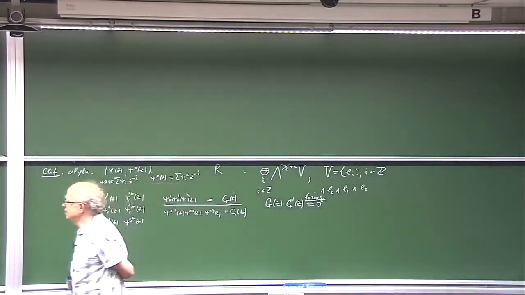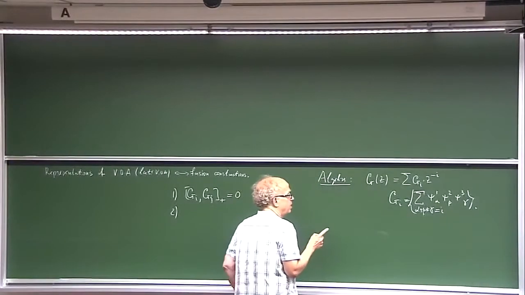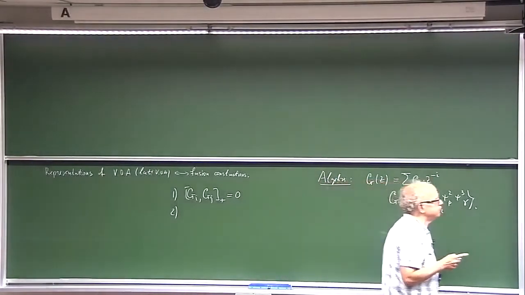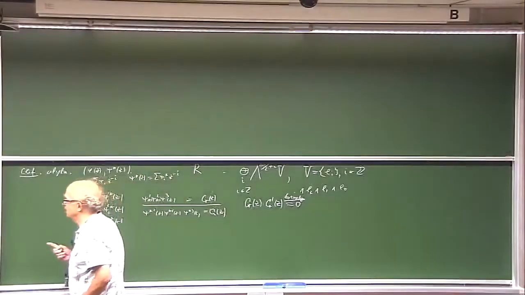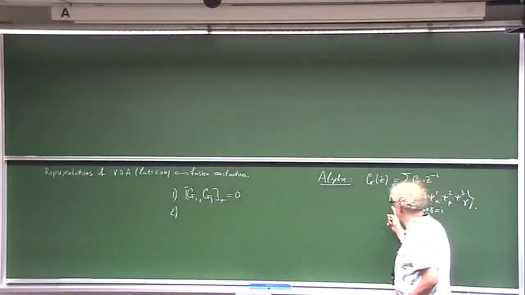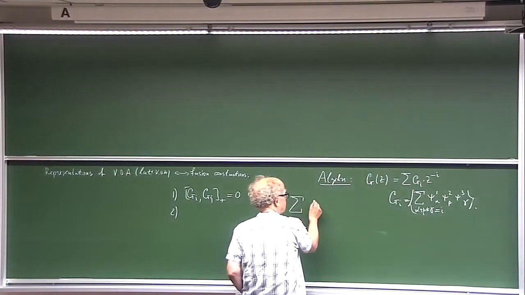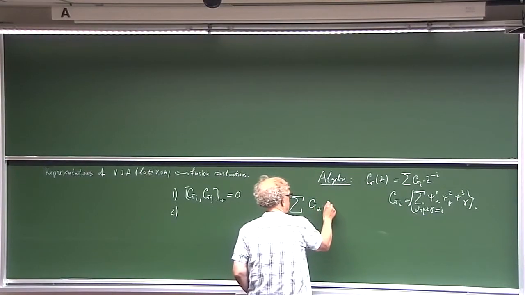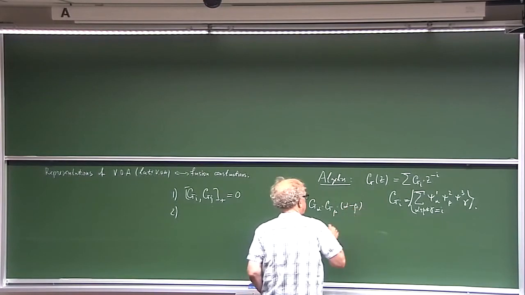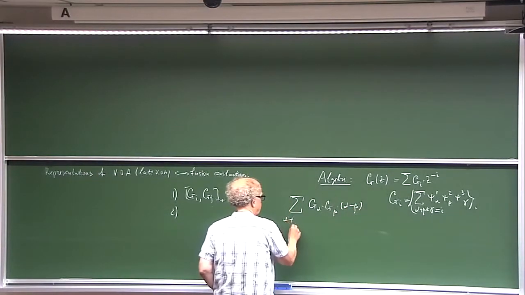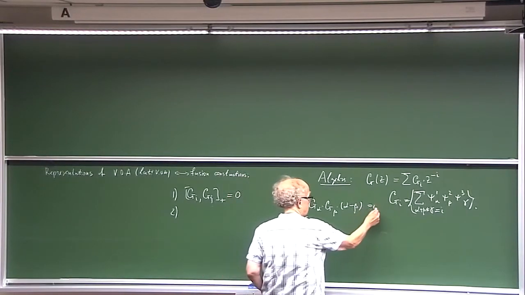It means that the corresponding G_i satisfy the condition which follows from here. And if you look at it in components, this is the sum of G_alpha times G_beta times (alpha minus beta), with alpha plus beta equal to any s. Such a sum is 0.